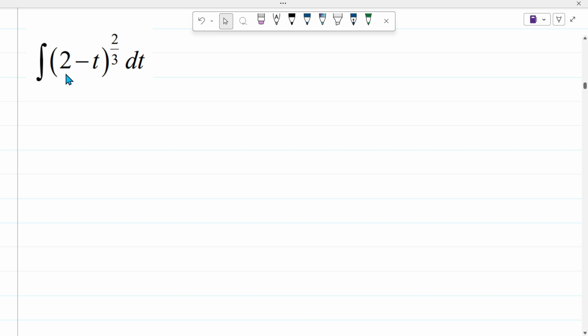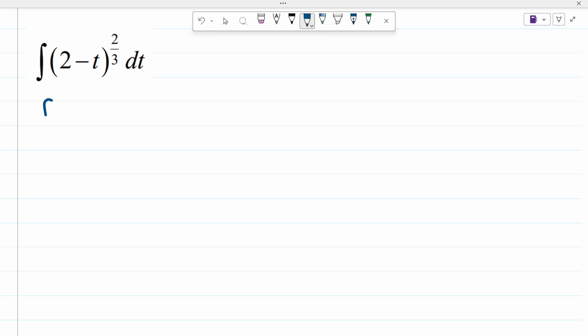So we check. If we let 2 minus t be our function, do we have the derivative of 2 minus t? Yes, we do, but it's not really there, because we're supposed to have minus 1 here, but we don't have minus 1. So you again use the method of cooking.